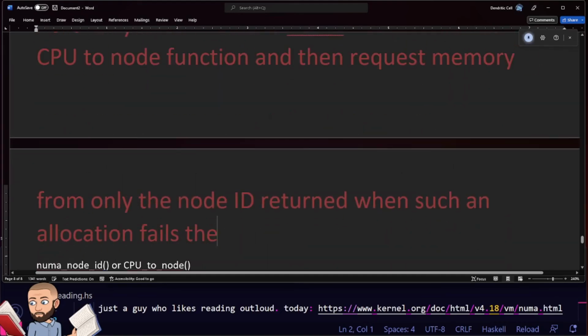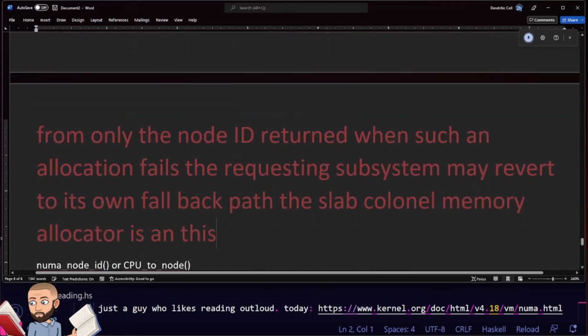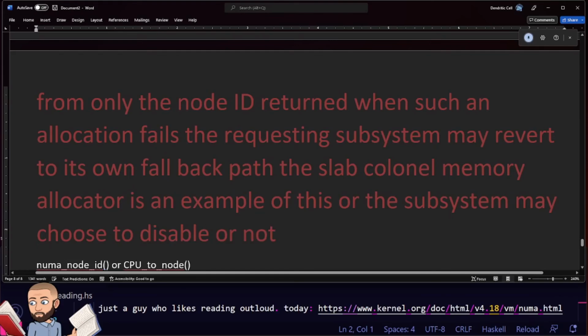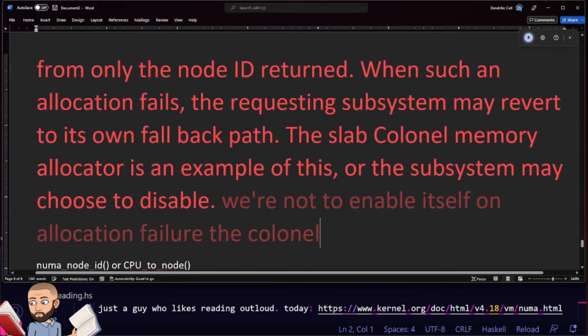The slab kernel memory allocator is an example of this. Or the subsystem may choose to disable or not to enable itself on allocation failure. The kernel profiling subsystem is an example of this.